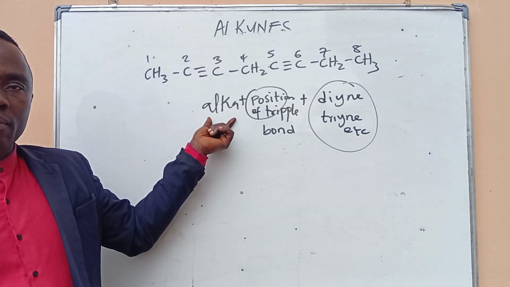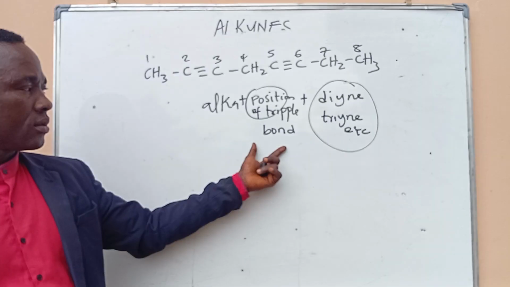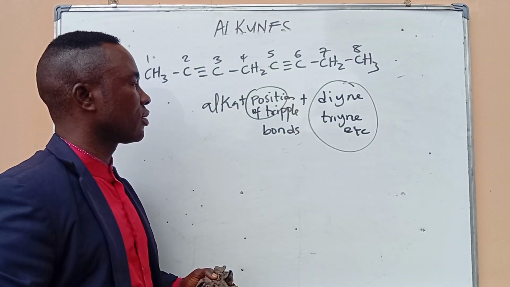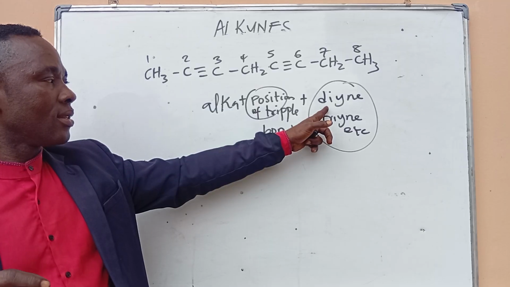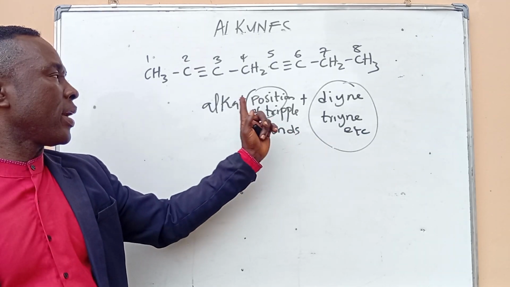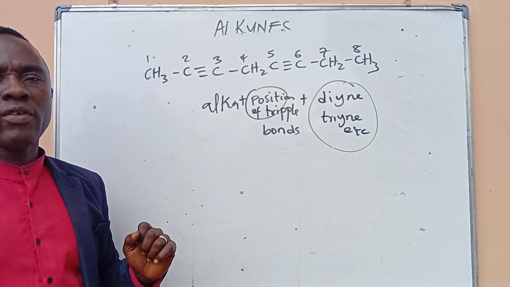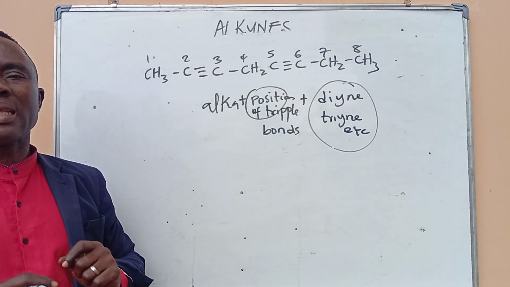We name alkyne plus position of triple bonds, then plus either diyne, or triyne, or tetrayne, depending on the number of triple bonds. Here we have 2 triple bonds, so it is a diyne.